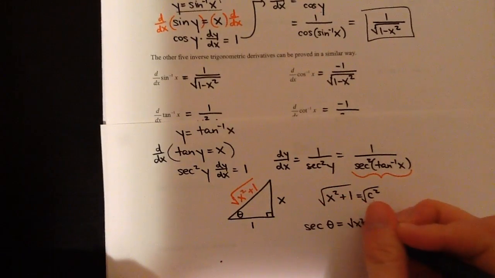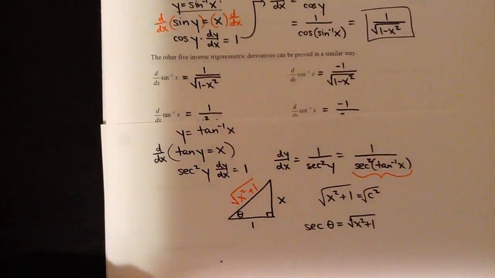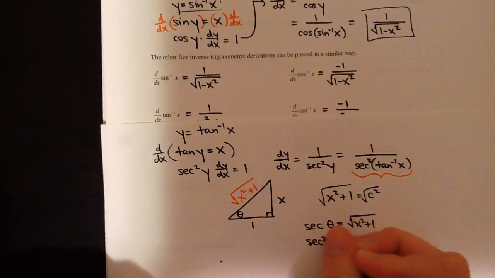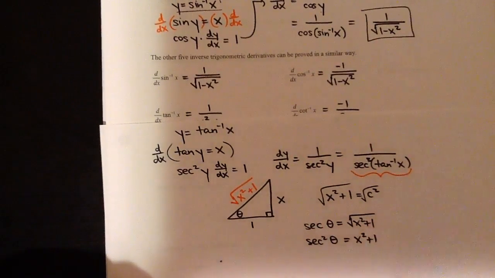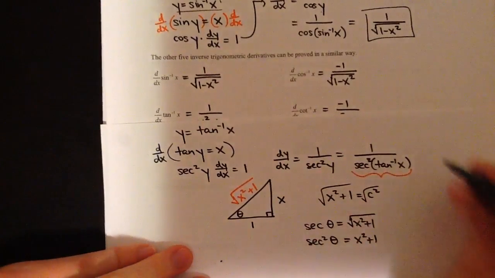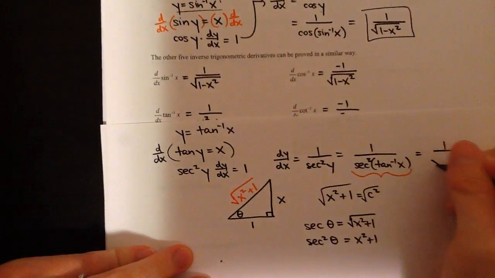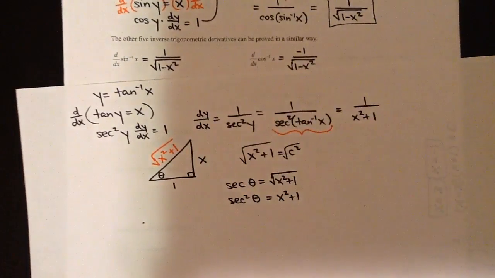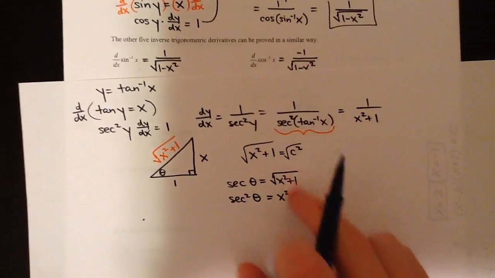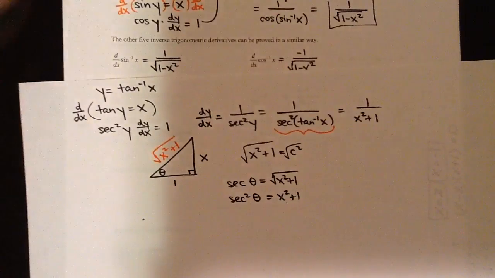So that would be the square root of x squared plus 1. Now the last thing, if I want to know what secant squared is, I take this term and square it, so I get x squared plus 1. So that is how this denominator becomes an x squared plus 1. That is where my first formula comes from. So that's the tangent formula.